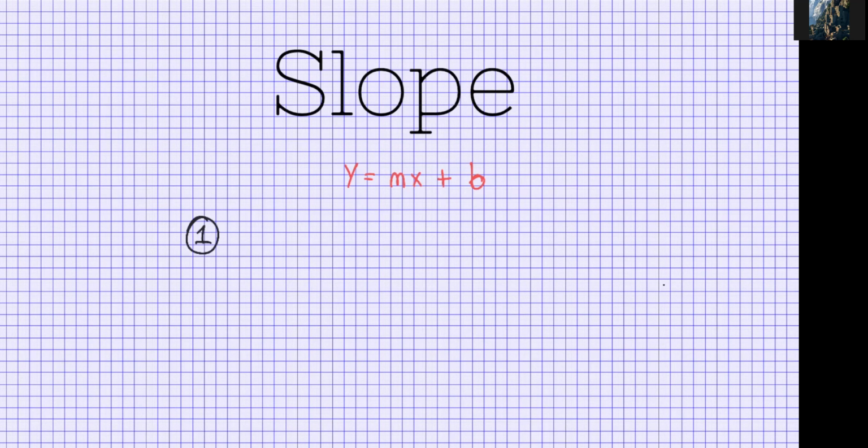In this first example, we will be asked to write the slope-intercept form of the equation for the line given. In this case, the information that we have is the slope, and they tell us that the slope is 1/3, and that the y-intercept is equal to -5.